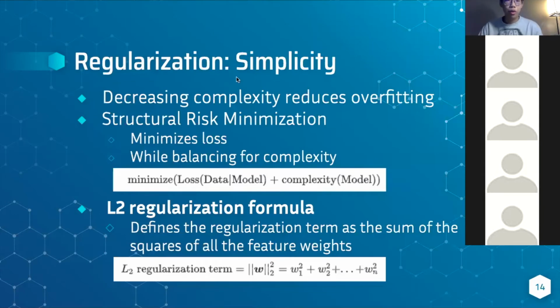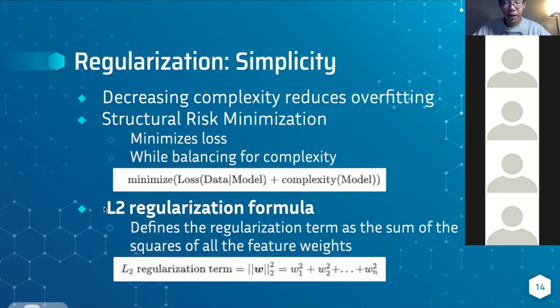Okay, so regularization is also very important for machine learning. Basically, we want to decrease the complexity, as I mentioned before. This is an equation for how to reduce the chances of overfitting. We want to minimize the loss and, at the same time, the complexity of the model.